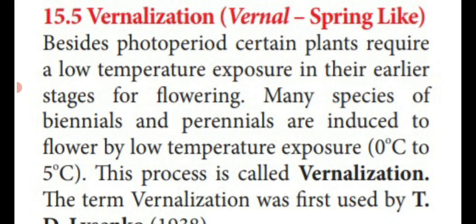They are induced to flower at low temperature, that is 0 degrees Celsius to 5 degrees Celsius, which is known as vernalization. Dear students, you must write the temperature range, that is 0 degrees Celsius to 5 degrees Celsius.